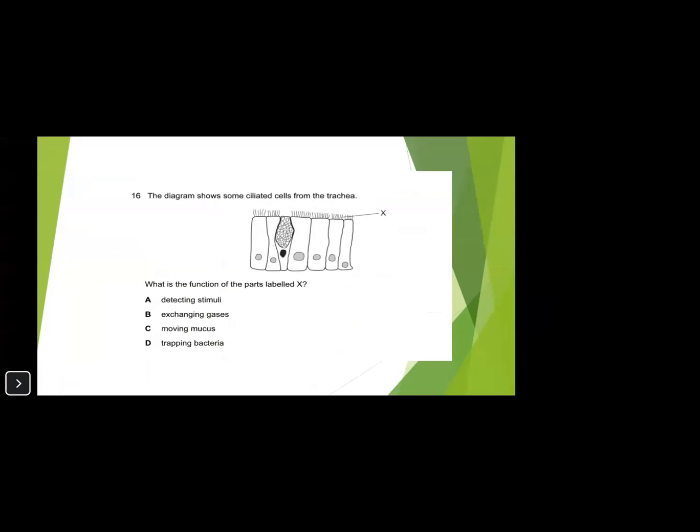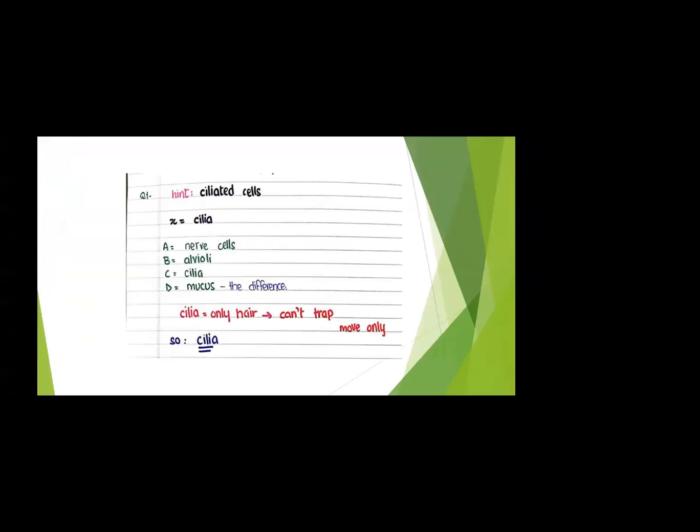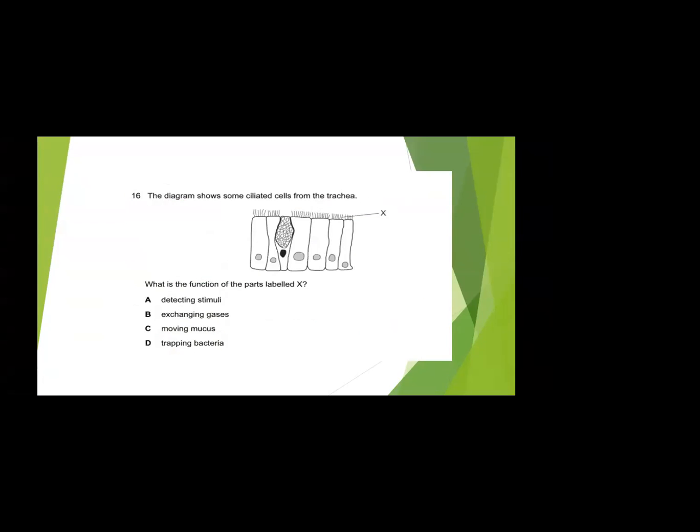So the first question is that the diagram shows some ciliated cells from the trachea, and what is the function of the part labeled X? Detecting stimuli, exchanging gases, moving mucus, or trapping bacteria. First of all, in the question they gave us the hint that they're ciliated cells, so we can know that the structure X is cilia.